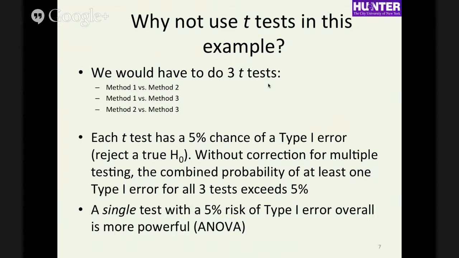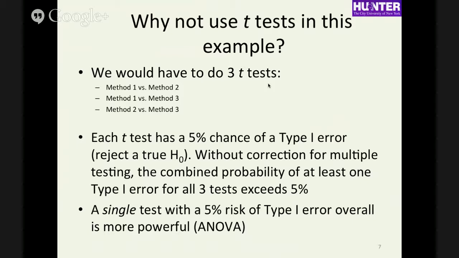But it's not hard to believe that suppose we had 6 groups, then there are a lot of pairs, and your type 1 error is going to get higher and higher. It is possible to control for type 1 error, so you can make a correction to your p-values.